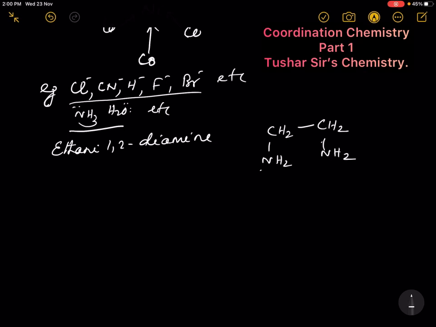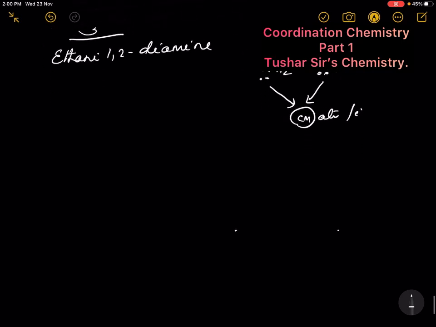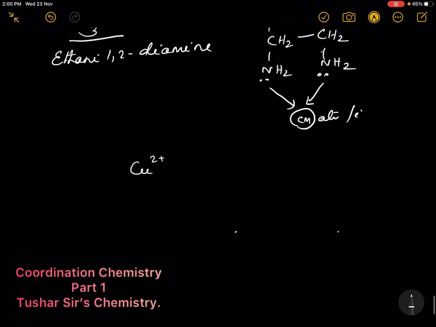So it is a bigger molecule, and it is also treated as a ligand, but this is a bidentate ligand because it can form two coordinate bonds with the central metal atom or ion. You see, in Cu2+ this will form two coordinate bonds.